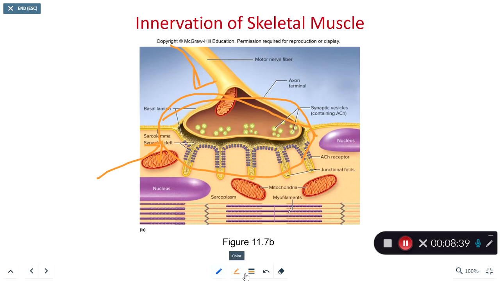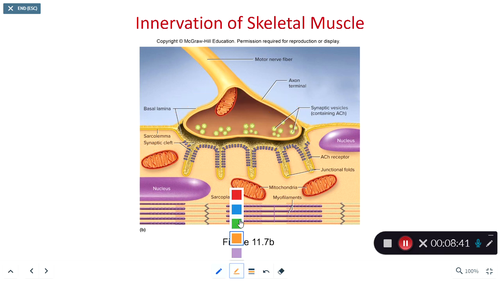As we look at the axon terminal, let me clear the screen here and shift colors. This bulging, or this axon terminal, is going to have storage vesicles filled with neurotransmitters. Because they're at the synapse, they're referred to as synaptic vesicles. And because this is a neuromuscular junction, the neurotransmitter in the synaptic vesicles is referred to as ACH, acetylcholine.